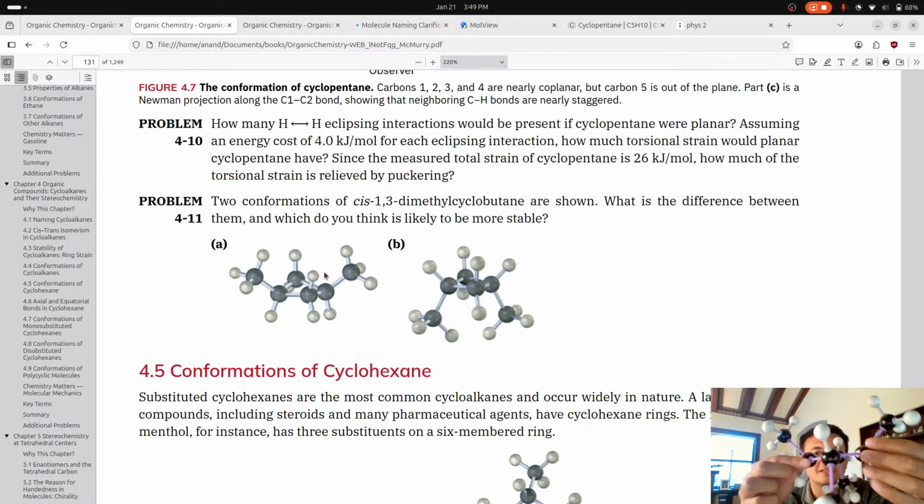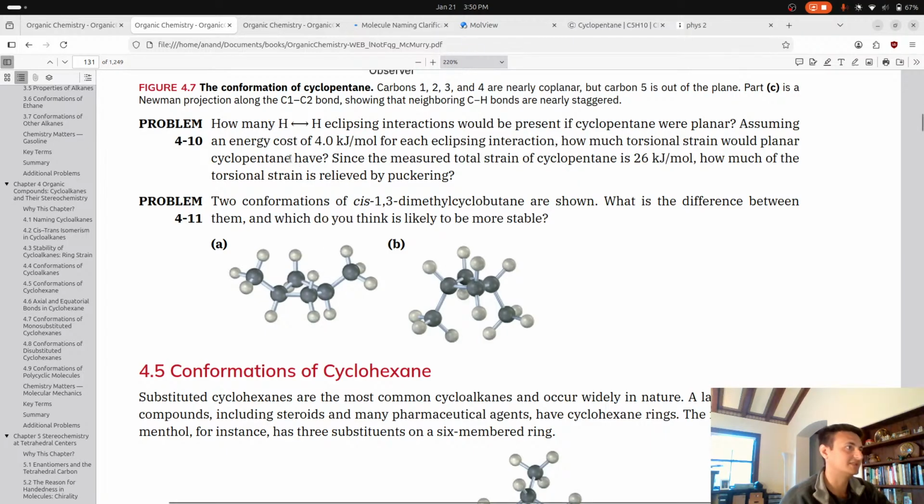I think that they're the same. I think they should be equally stable.